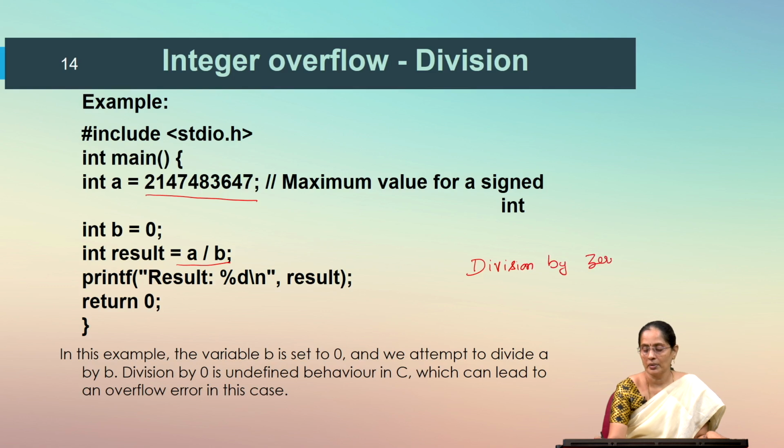Any number divided by 0 results in infinity, we all know that, right. This infinite situation cannot be handled by the C program. Hence, it results in the overflow situation again. This may lead to an overflow error even in this case, division by 0.